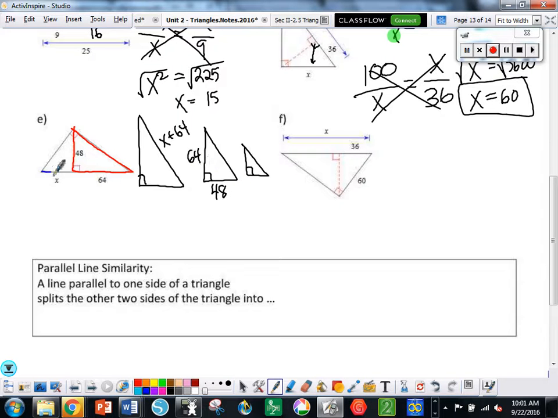Now let's look at the baby triangle. Do I know the hypotenuse? Well, this is my 90 of the baby triangle. Do I know the hypotenuse? No. Do I know the short leg? Short leg is x. Tall leg, 48.